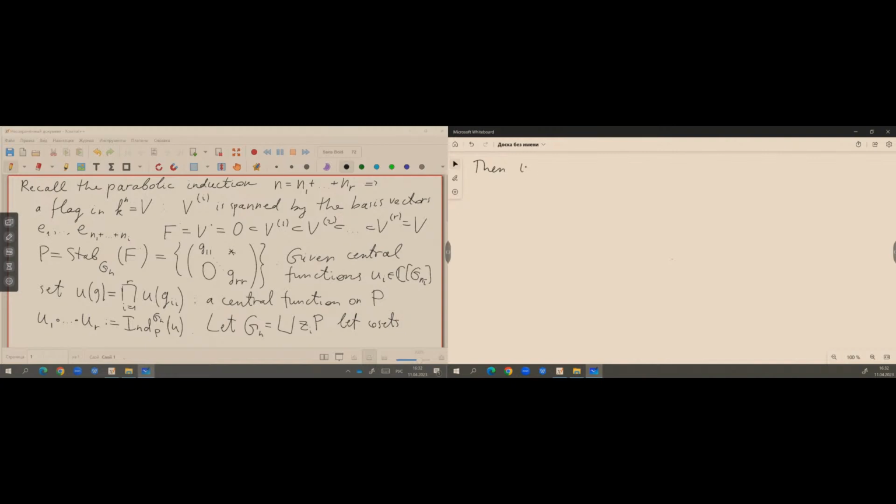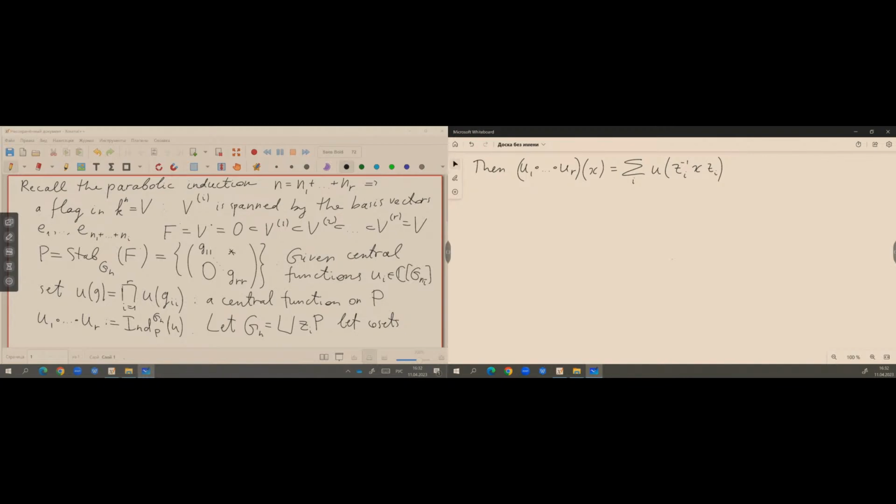So u1 through ur, the value of this at an element x is the sum over all left cosets, u of z_i inverse x z_i.